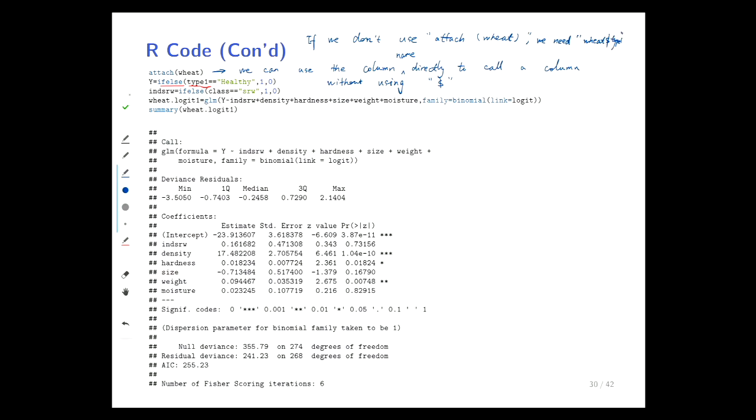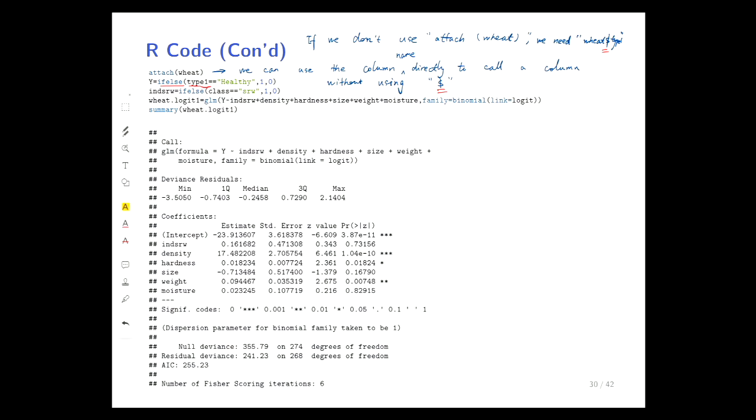So here we actually need $ to call a column, but if we use attach weight, we do not need to use this $ anymore. We can just use the column name directly to call a column. So that's the effect of this attach.